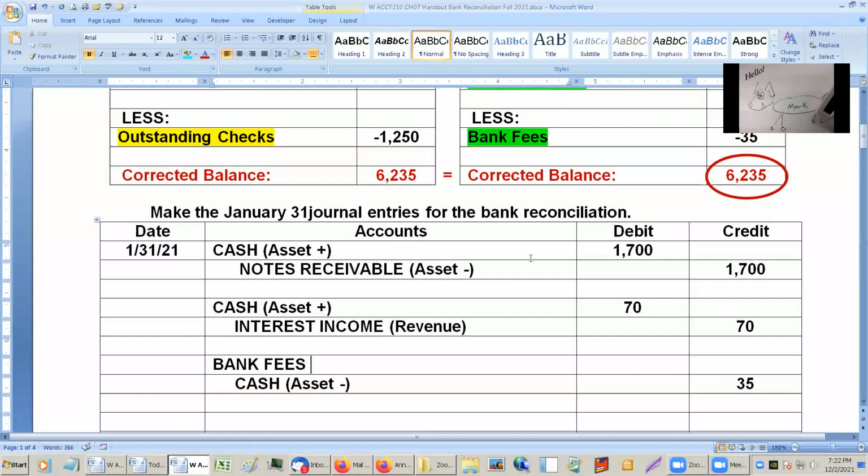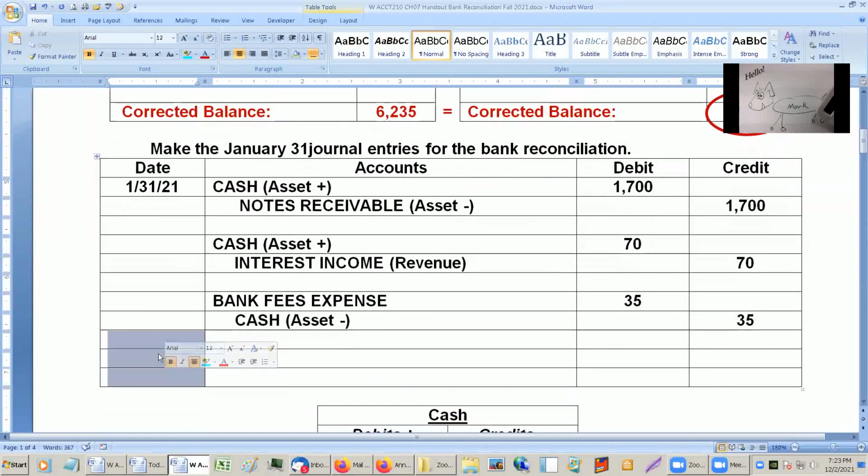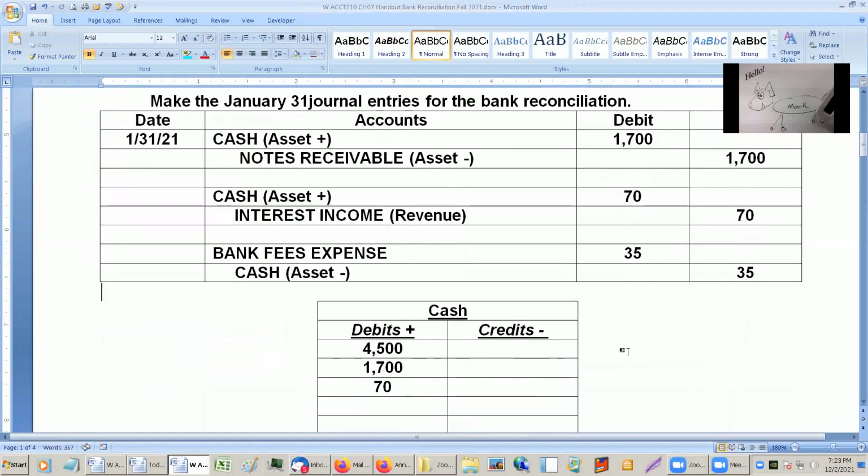Or miscellaneous expense, some kind of an expense. Expenses are always debits. Okay, so over here, this would be a credit of 35.